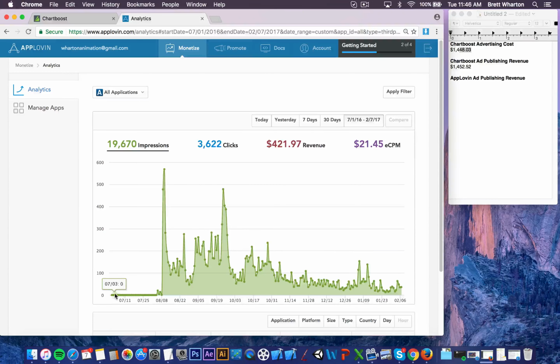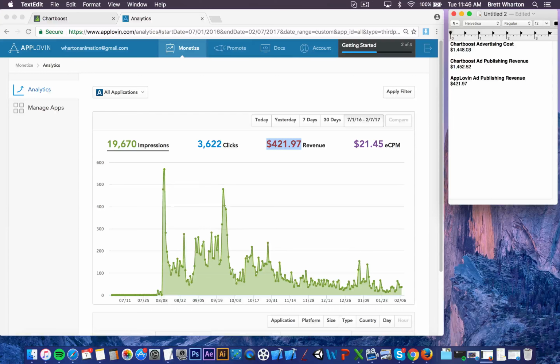And so I've been making slot games since about August 2016. Over this whole period of time, it's generated $421.97 revenue. So this is the AppLovin ad publishing revenue.